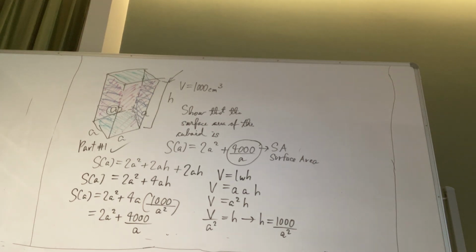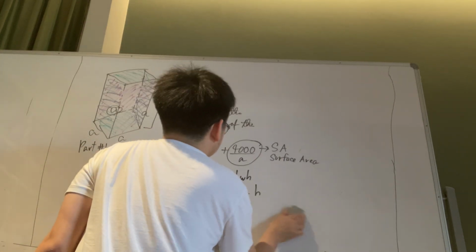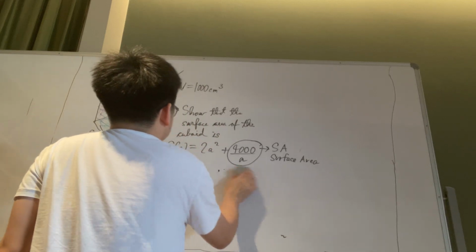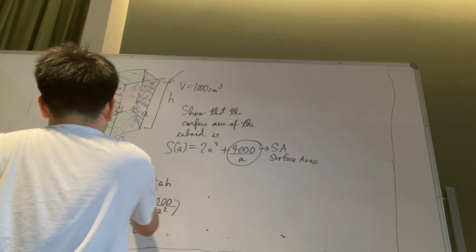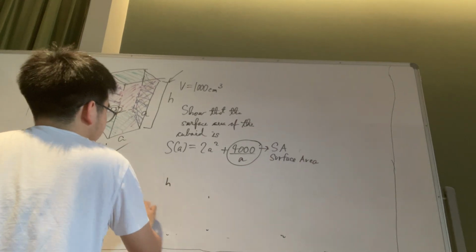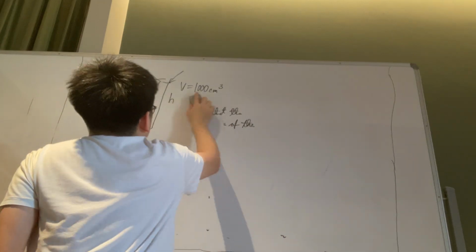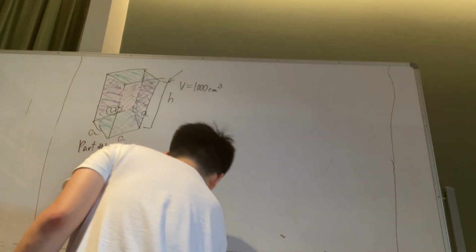Now find the value of A for which the surface area derivative with respect to the length A is 0.